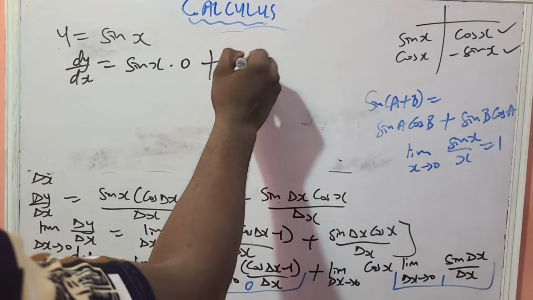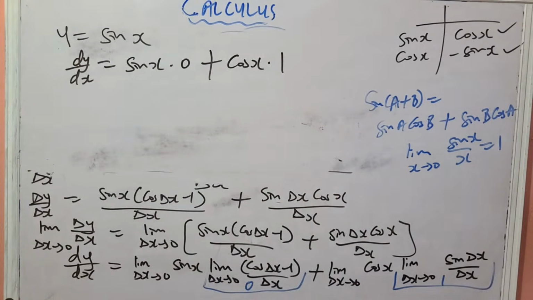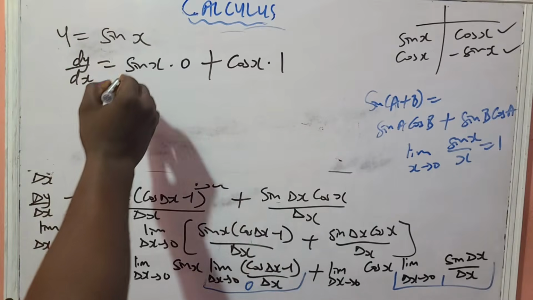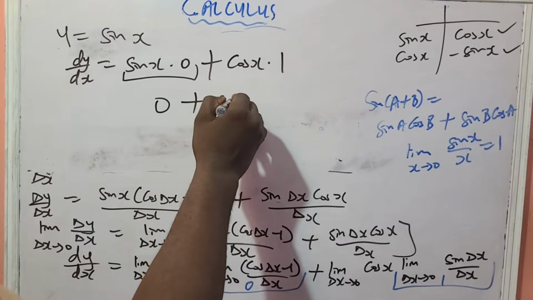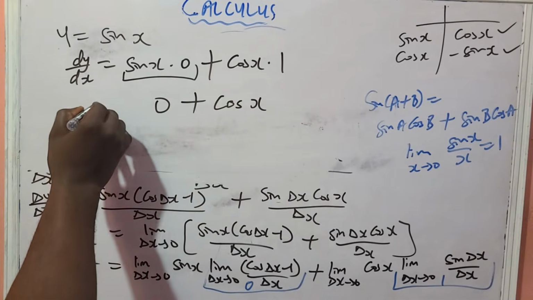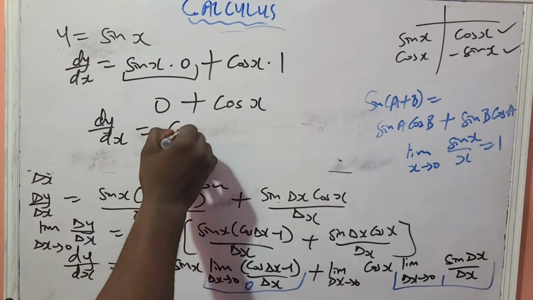So that will be cos x, then all these terms to 1 times 1. So all these terms to 0 because anything times 0 is 0, plus cos x. So that means dy over dx equals cos x.